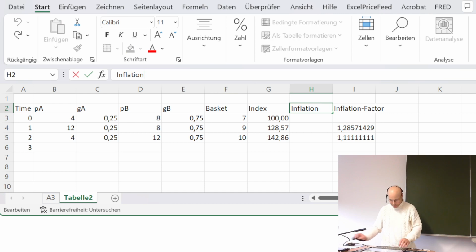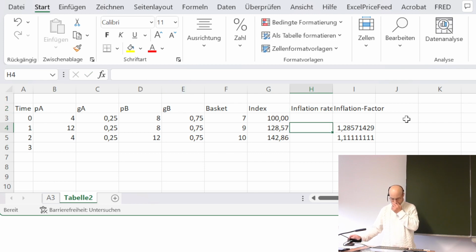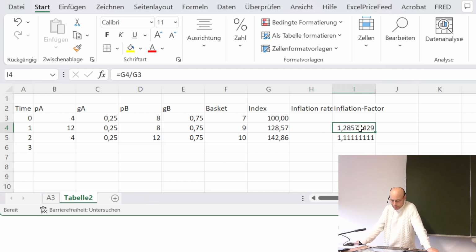In order to be here, inflation rate. Well, divided by 100, then it's one. If we divide this number by 100, it would be 0.012. So not dividing by 100.